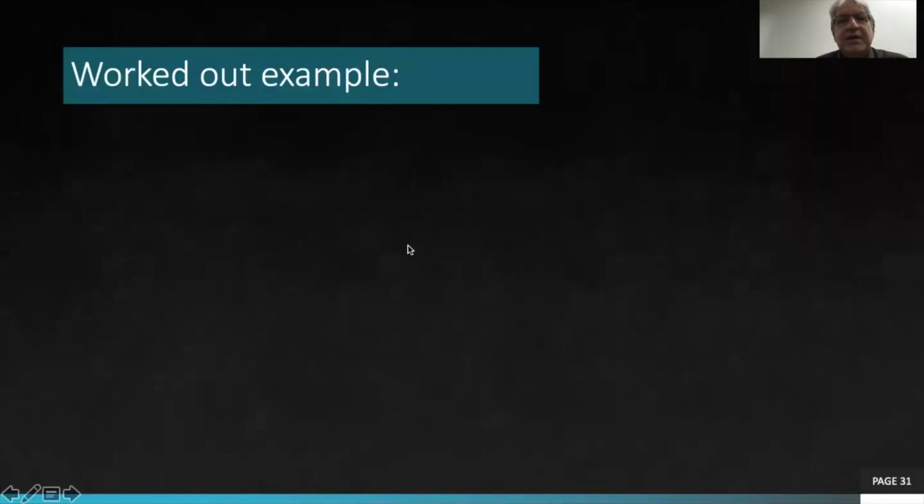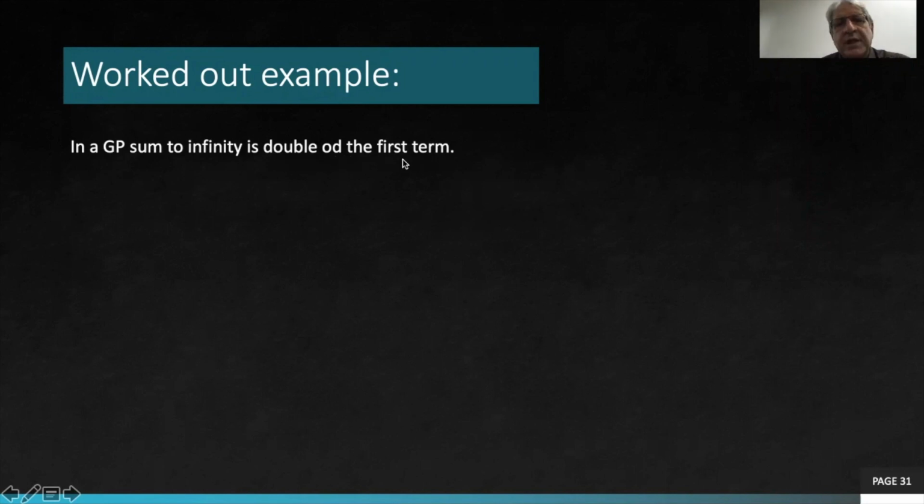Okay, now we have another example. We are doing this next example. In a GP, sum to infinity is double of the first term. Sorry, this is a typo error. Therefore, this is 2a, not 2d. Okay, doesn't matter much. Find the common ratio.